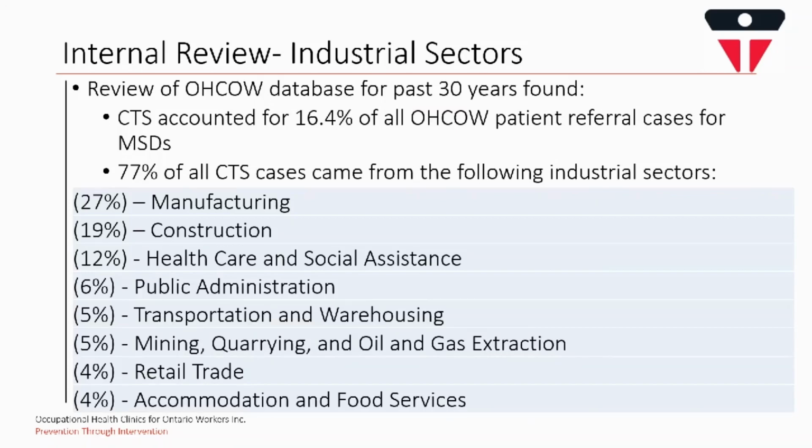Now, 77% of the carpal tunnel cases came from manufacturing, construction, healthcare, public administration, transportation, mining, retail trade, and accommodation and food services.